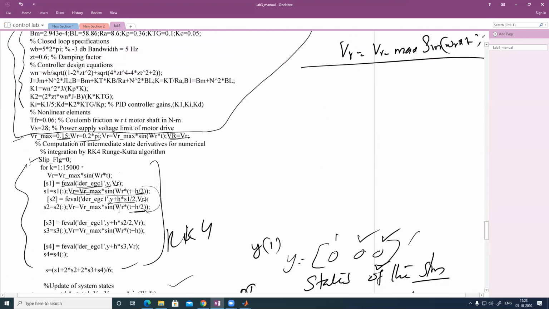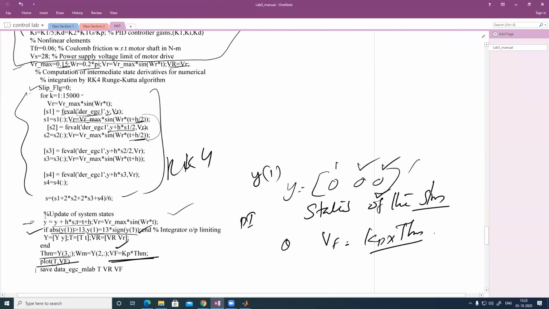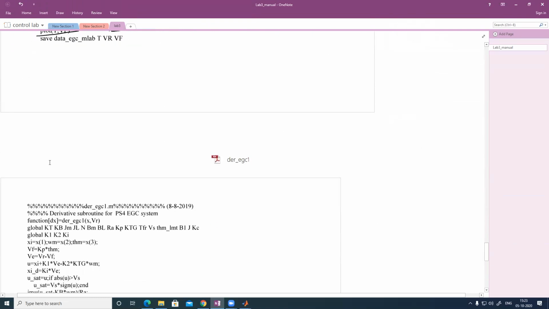So this is the simple RK4 algorithm. You are setting the PI controller limit only here. This entire thing is the RK4 algorithm, and you are generating a sine wave and passing it to the derivative subroutine. So now you can go to the derivative subroutine.